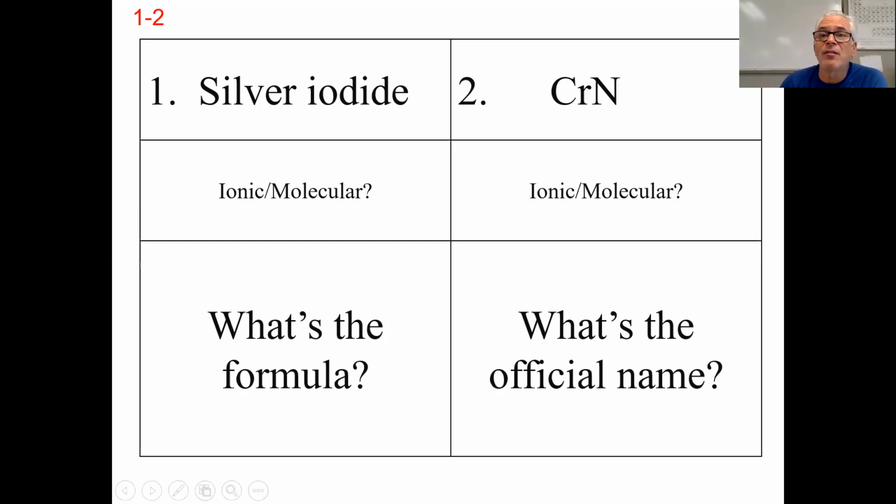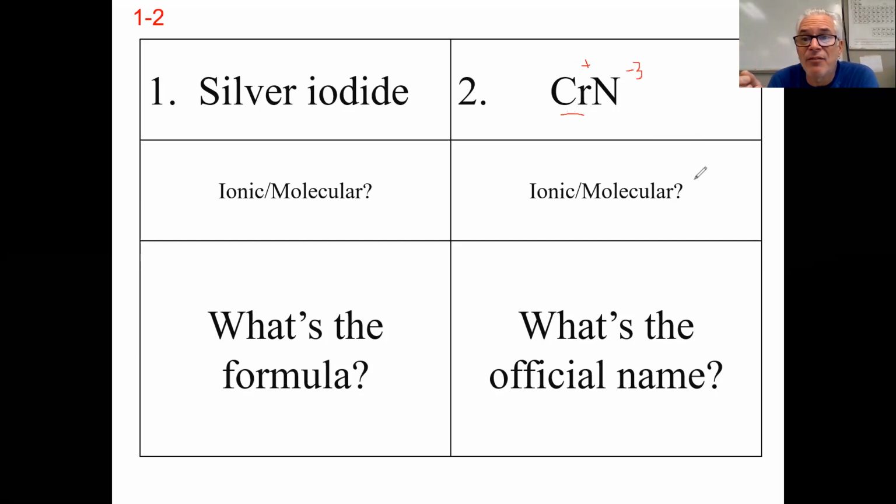I'm going to write on this slide because I think this one requires a little bit of writing. This is chromium, and chromium makes a positive ion. Now, it makes a +2 or a +3 or a +6. Which one? How do you know? Well, this is how you know. It's in a 1-to-1 ratio with nitrogen, and nitrogen has to be a -3.